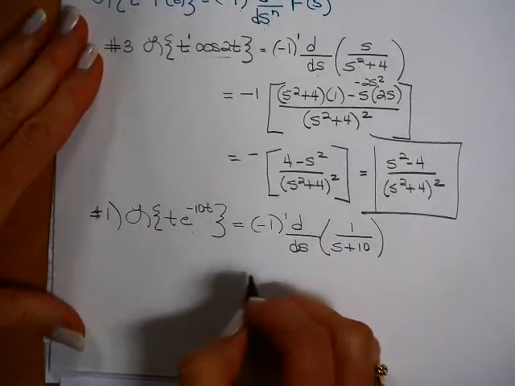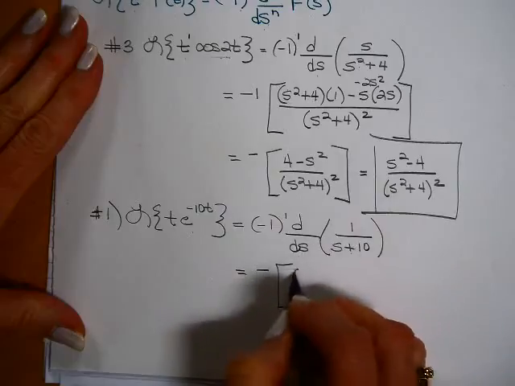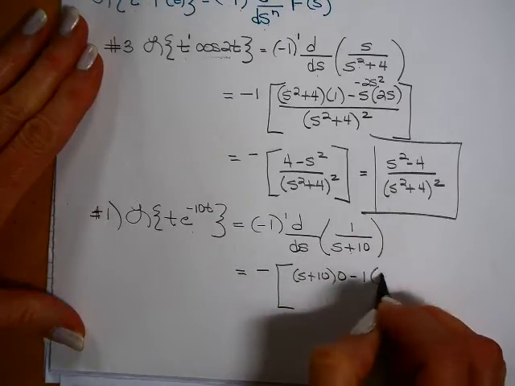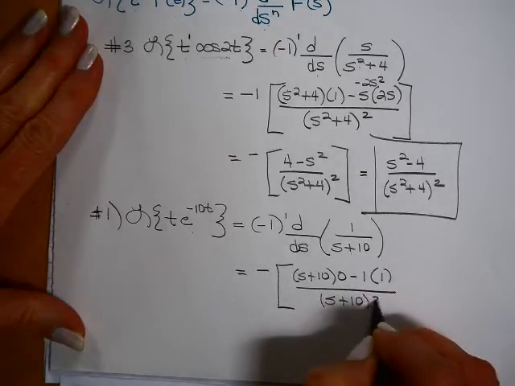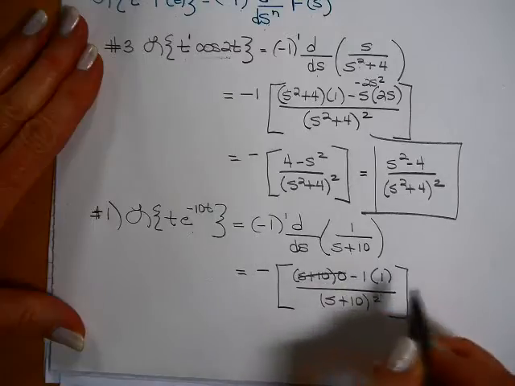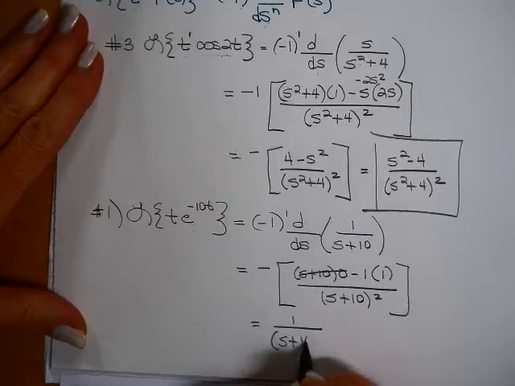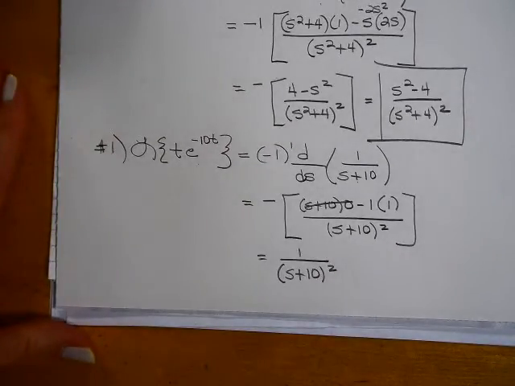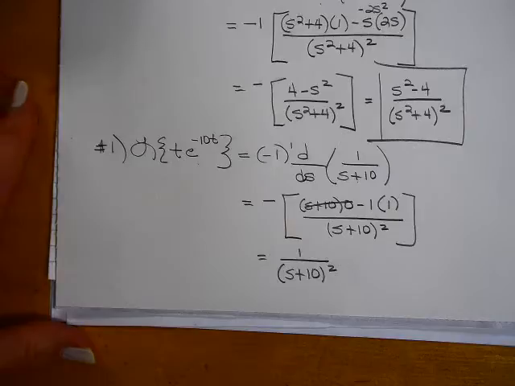So taking the derivative of that, the bottom times the derivative of the top, which is 0, minus the top times the derivative of the bottom over the denominator squared. And that's going to be positive 1. It looks like it's going to be 1 over s plus 10 squared. And again, you can do it this way, or you could do this one with the transform with a shift in it.